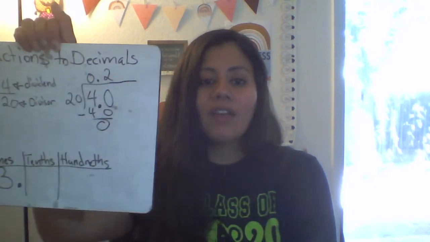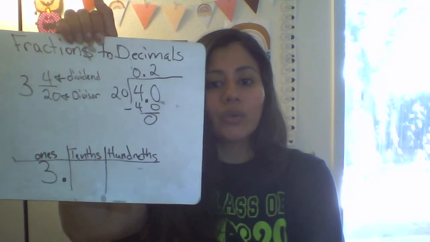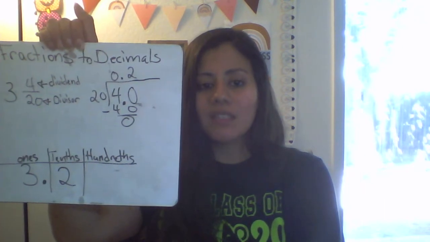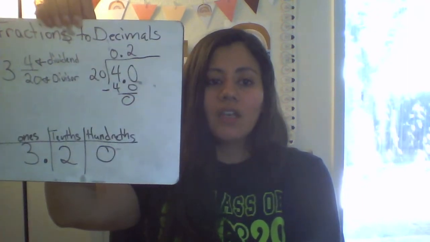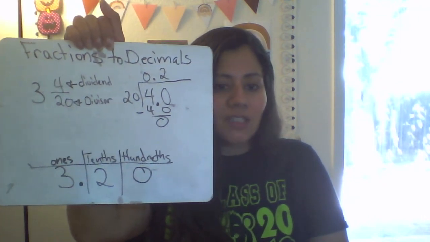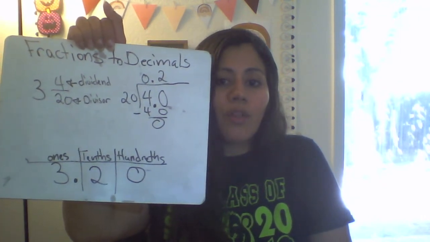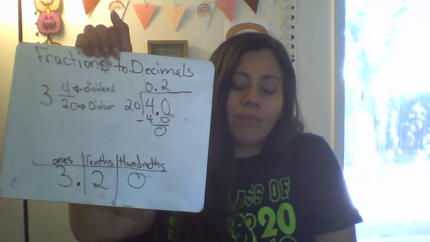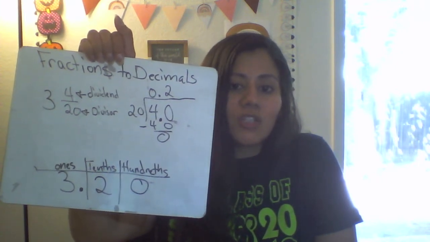So you have 0.2. So now I'm going to put the 2 in the tenths place, and you can fill in the hundredths, or you can just leave it. So 3 and 4/20 as a decimal turns into 3.20 or 3.2.